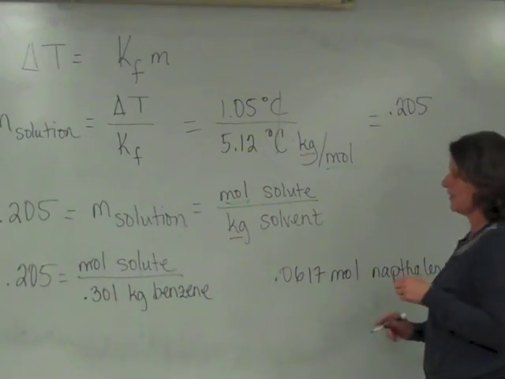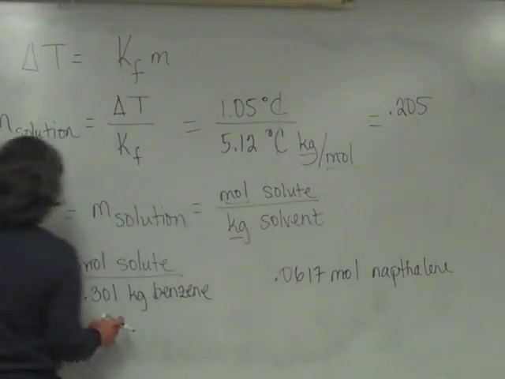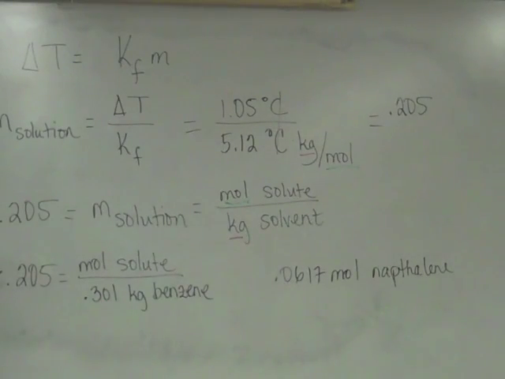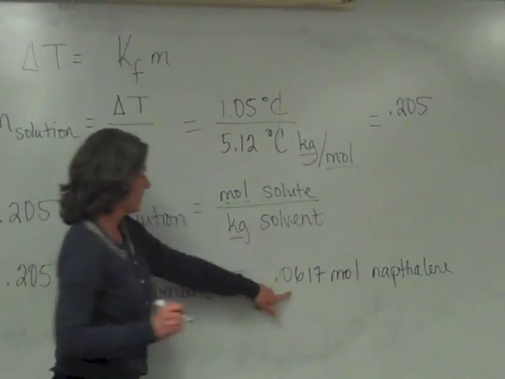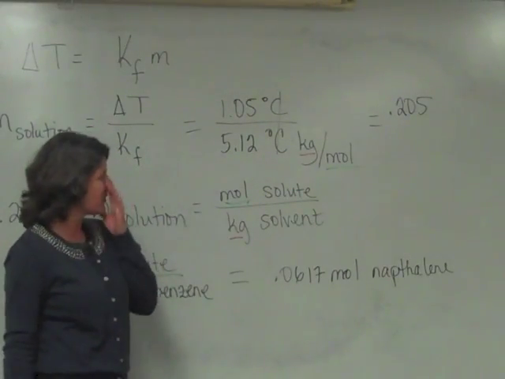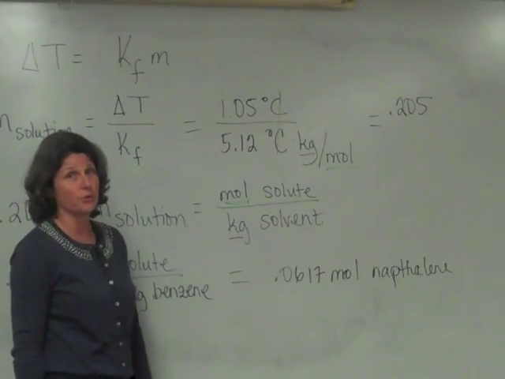Do you guys see how I did it? All I did was multiply both sides by 0.301. So now, great, we've solved for our moles of solute, 0.0617 moles of naphthalene, but we're looking for its molar mass.